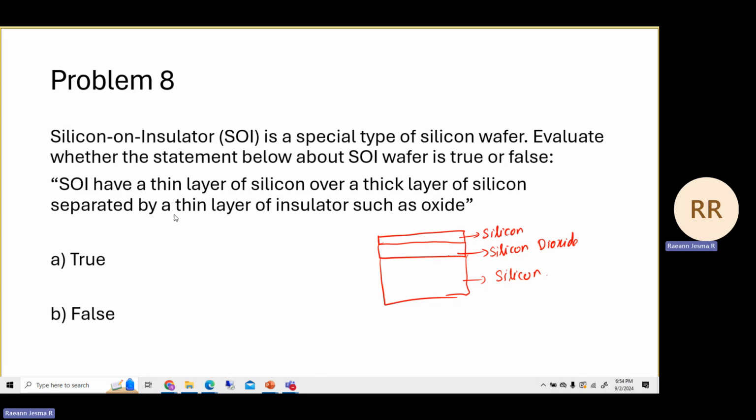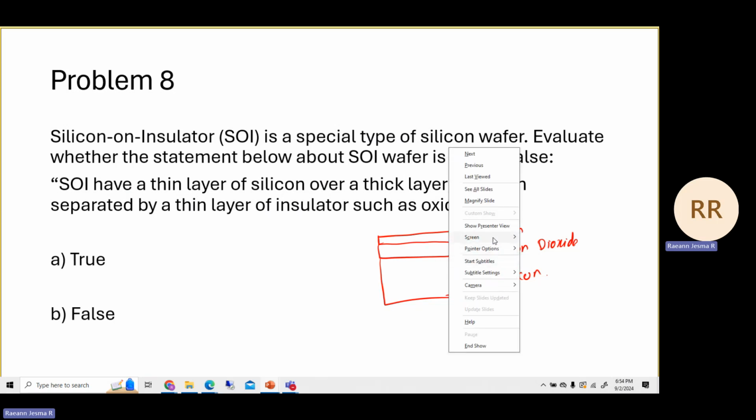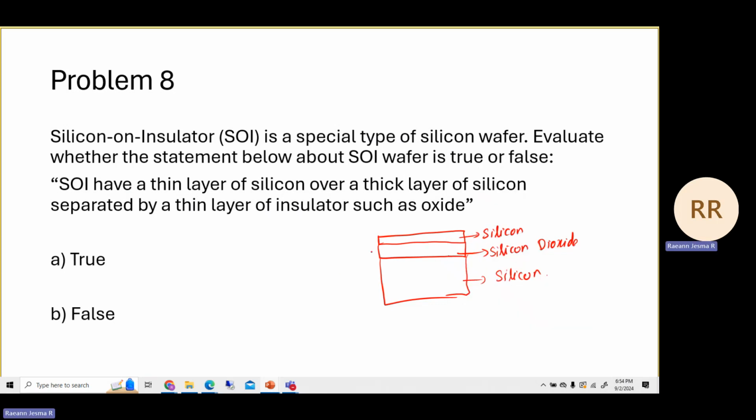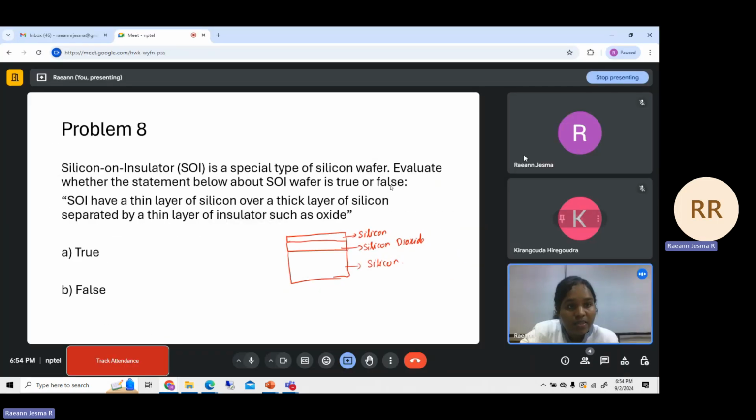What it means is that we have a silicon layer, then a silicon dioxide layer, and then a silicon layer. The difference between these two silicon layers is that the layer at the top is thin, and this one is very thick. So is this true or false? Is this kind of wafer called a silicon on insulator wafer? What do you think is the answer?